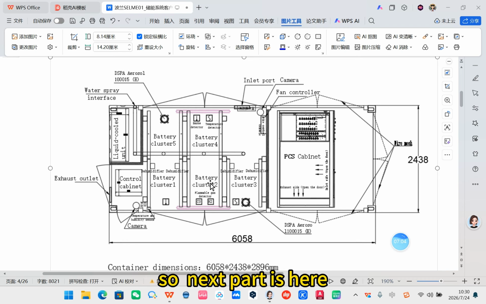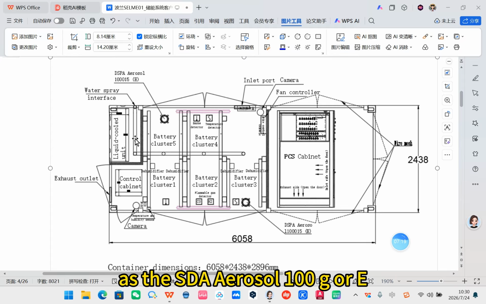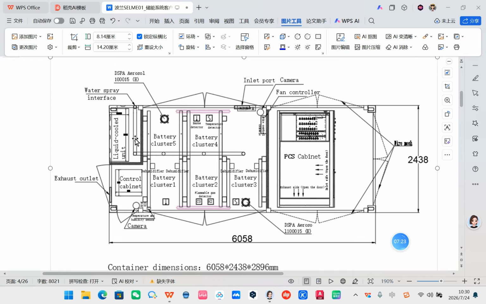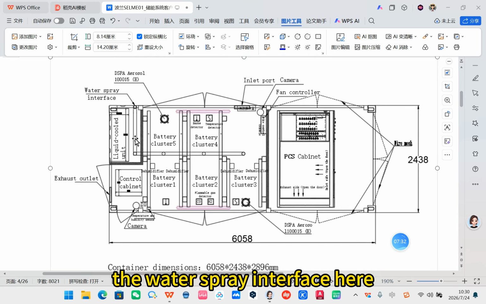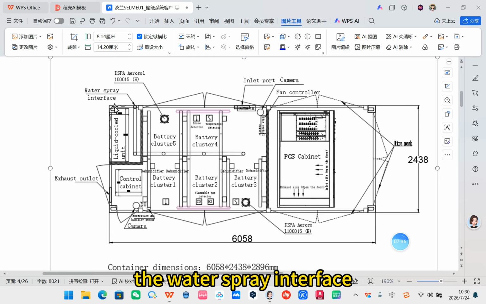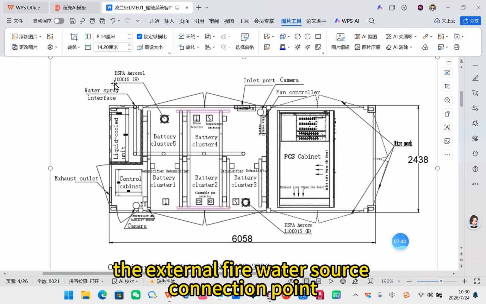Next part is the cooling and control zone on the left side. From top to bottom: at the top, the SDA aerosol 100G condensed aerosol fire suppression unit. The water spray interface, the external fire water source connection point.